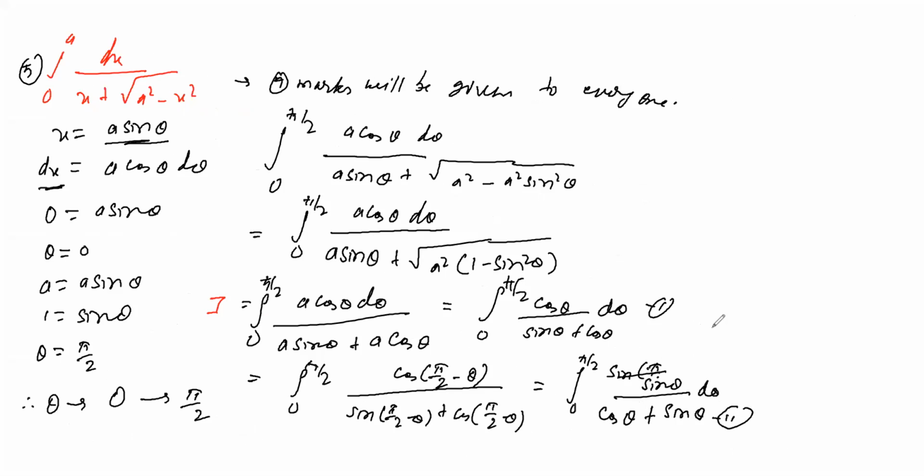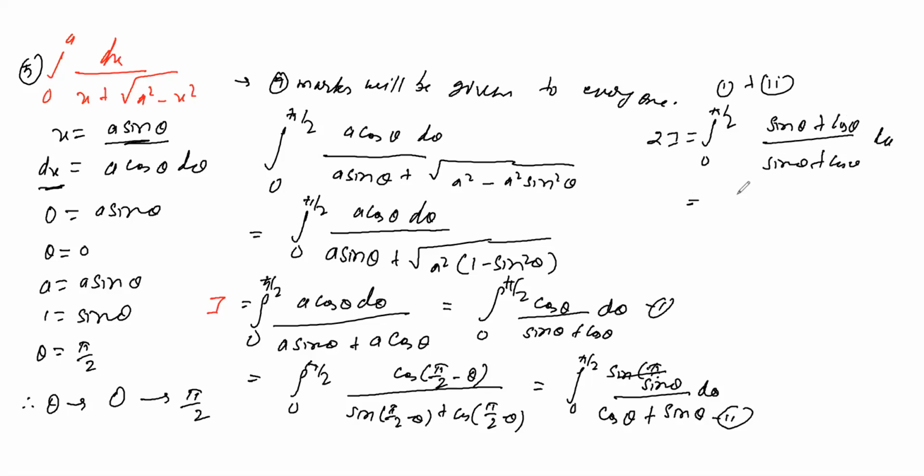Adding 1 plus 2, what I will get: on the LHS you will get 2I, and on the right, integral 0 to pi by 2 of sine theta plus cos theta upon sine theta plus cos theta d theta.